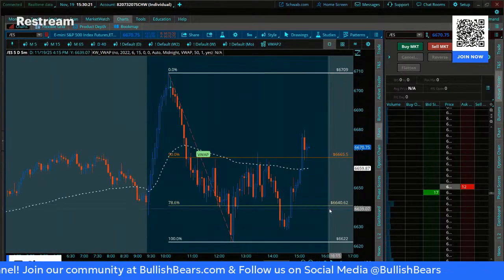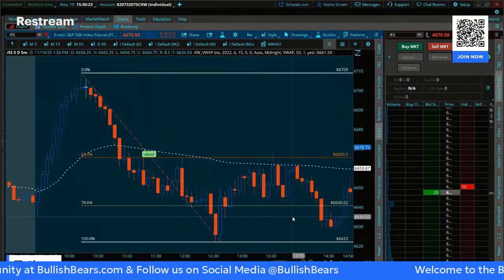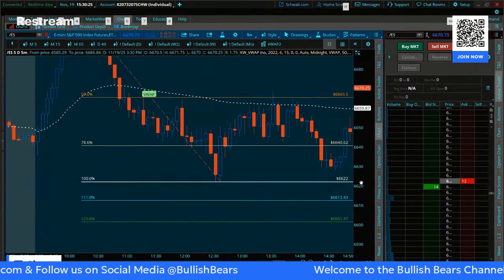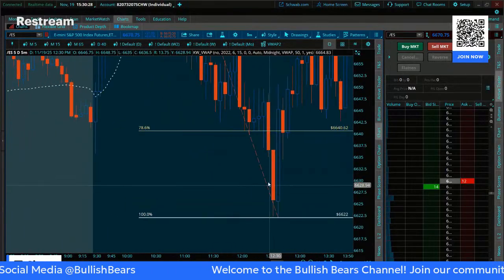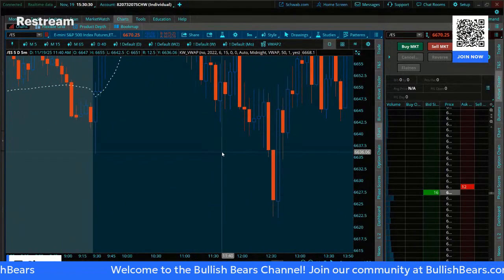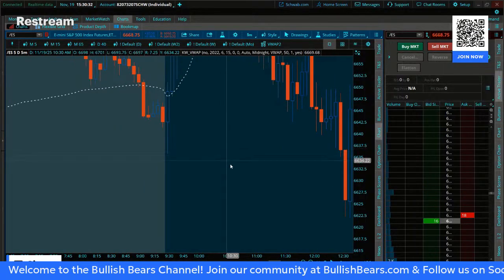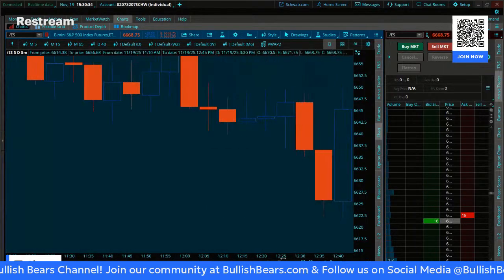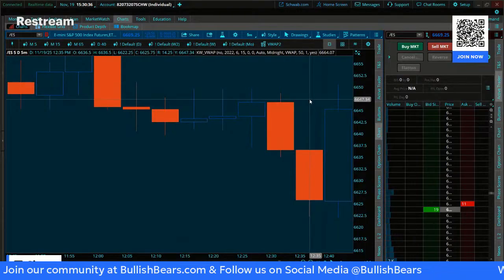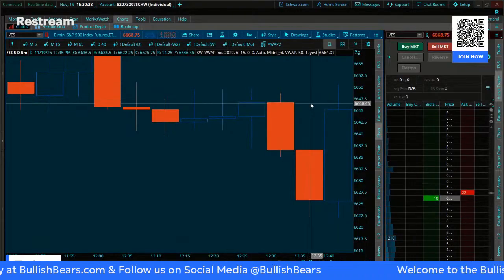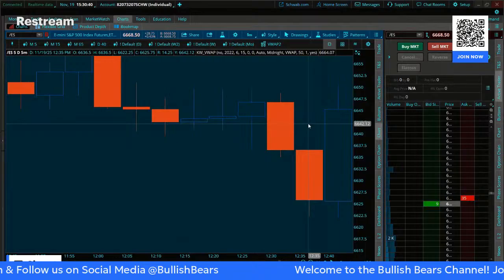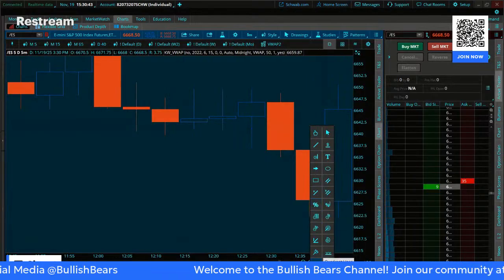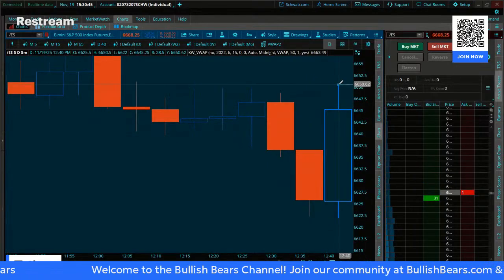So let's zoom into what I had just shown. Let's get this out of there. We had that really big bullish bar close. Now, when I'm trading, I like to get into the midpoint of things, right? This bar closed.